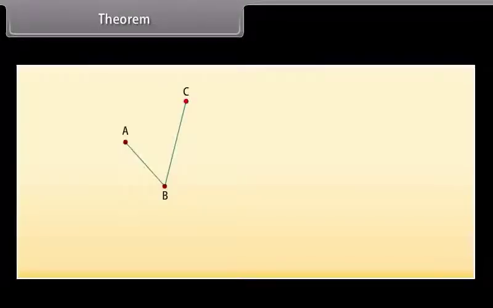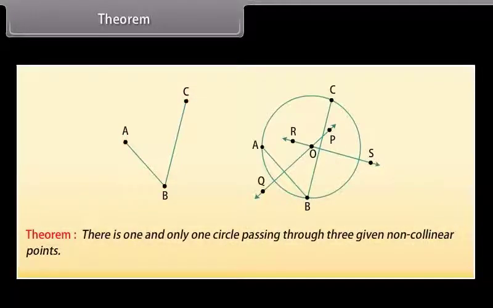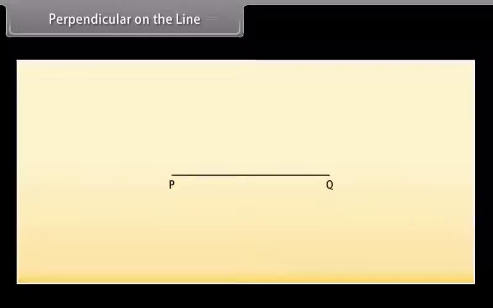Theorem. If we have three non-collinear points, then the theorem says that there is one and only one circle passing through three given non-collinear points. Perpendicular on the line. If we take a line PQ and a point R outside it, we know that there are infinite number of points on the line, say P1, P2, M, P3 and P4.